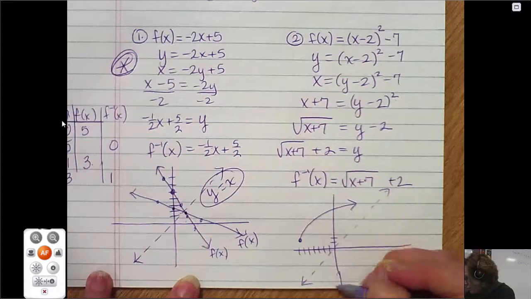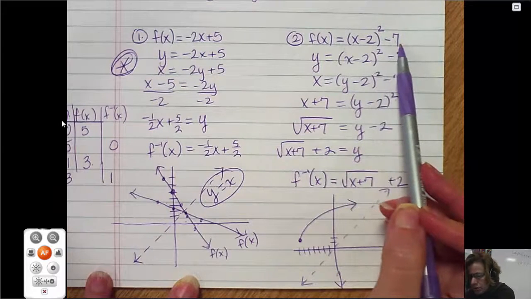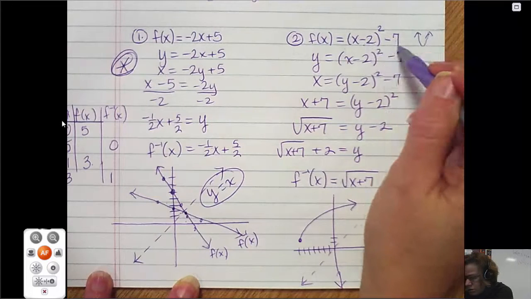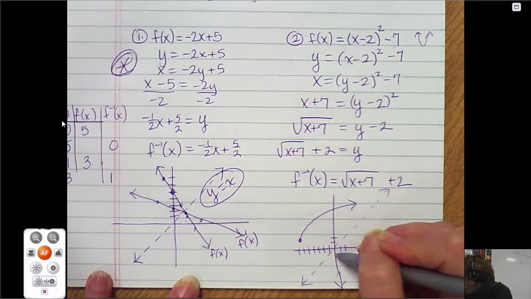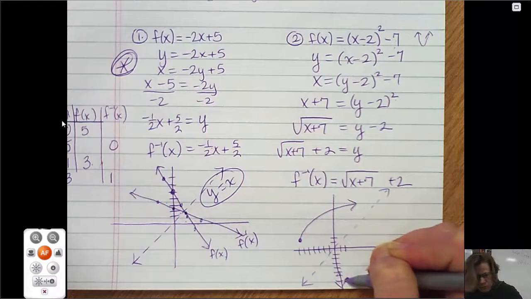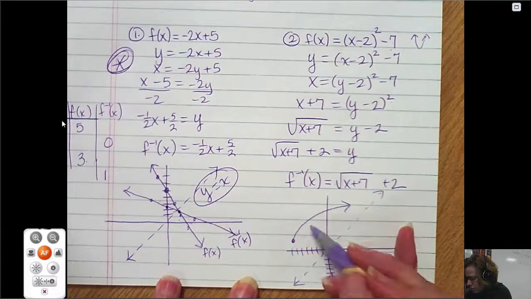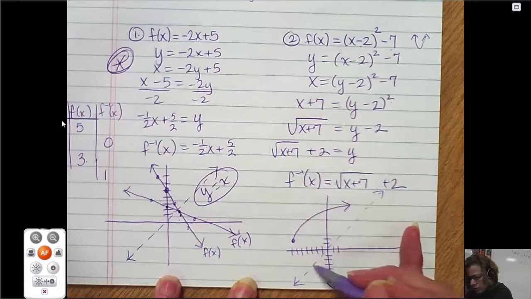Then you know how to restrict the domain of (x minus 2) squared minus 7. This was a parabola, again, that's gone right 2 units and down 7 units. So if I take this right 2 units and down 7, there's the vertex. Now, I cannot graph the entire graph because it won't be one-to-one. If I graph this side of it, this is not the reflection over y equals x.